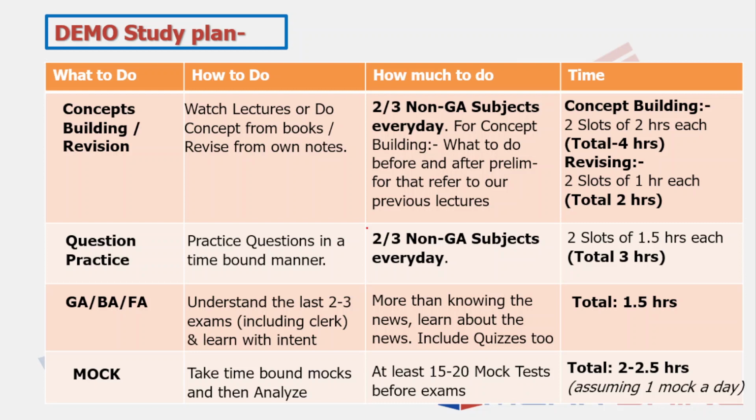If you do alternate-day mocks from now onwards, then also you'll be done with 15-20 mocks. On average, I am assuming that if you are in the revision segment, you should be taking at least 15-20 mocks, preferably more.